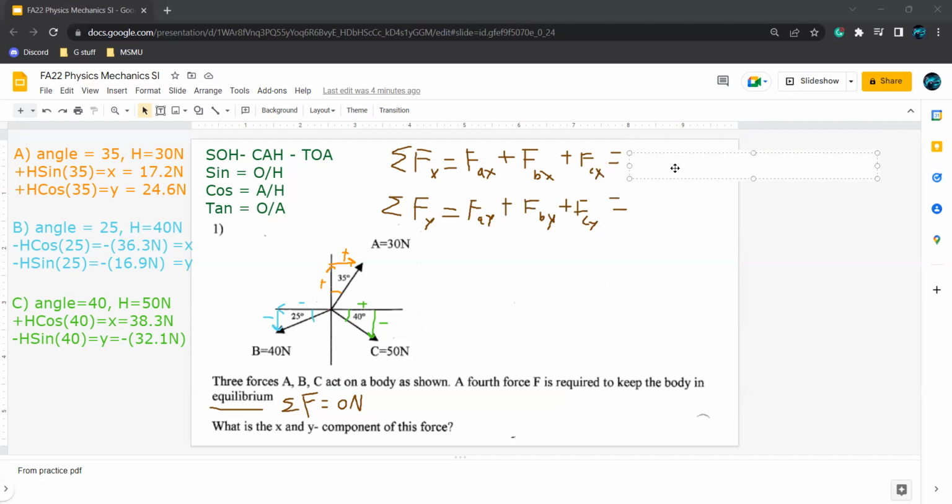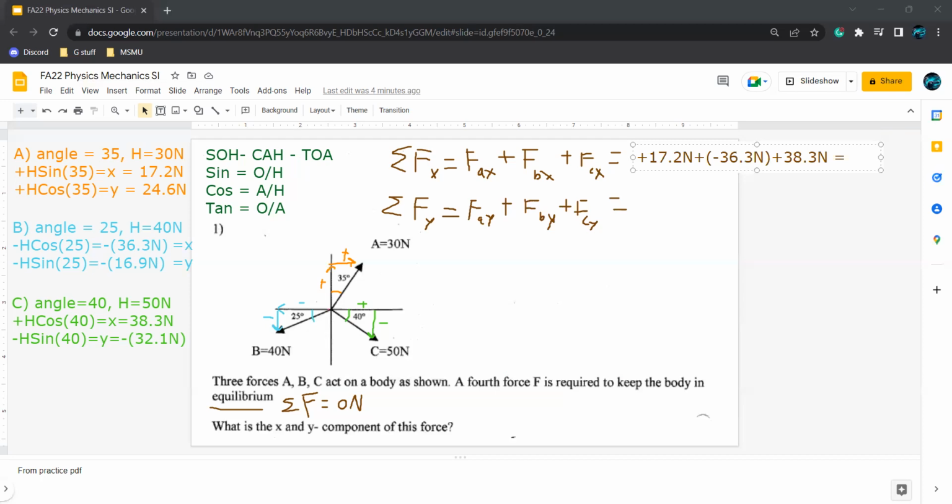Okay, so then looking at the values that we already determined, force A of x is 17.2 newtons. Force B of x, and that's positive. Force B of x is negative 36.3 newtons. And force C of x, or the vector of x for C, is 38.3 newtons.